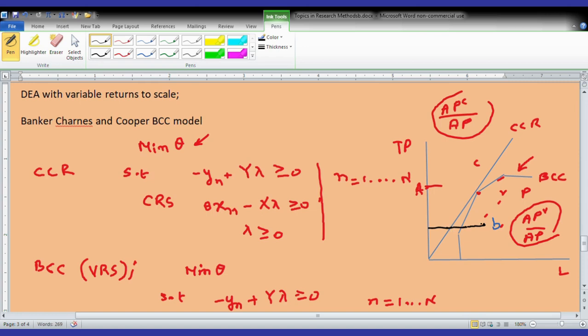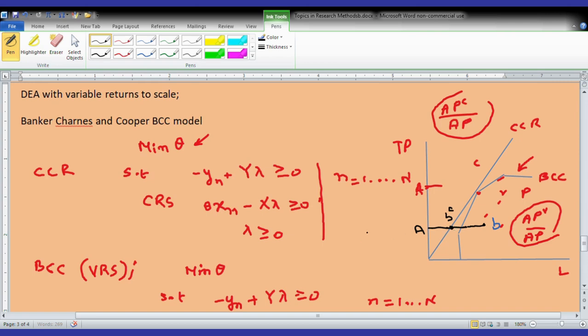The relevant point on the CCR total product curve is BC. So let us write it like this, BC, and this is the image on the vertical axis.